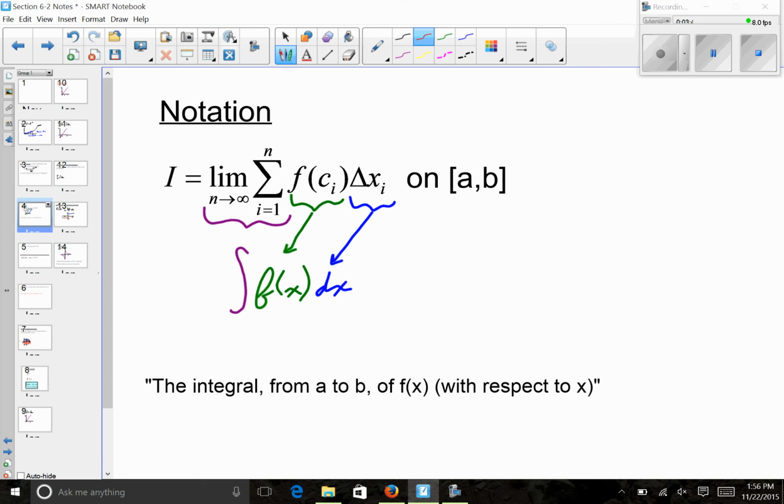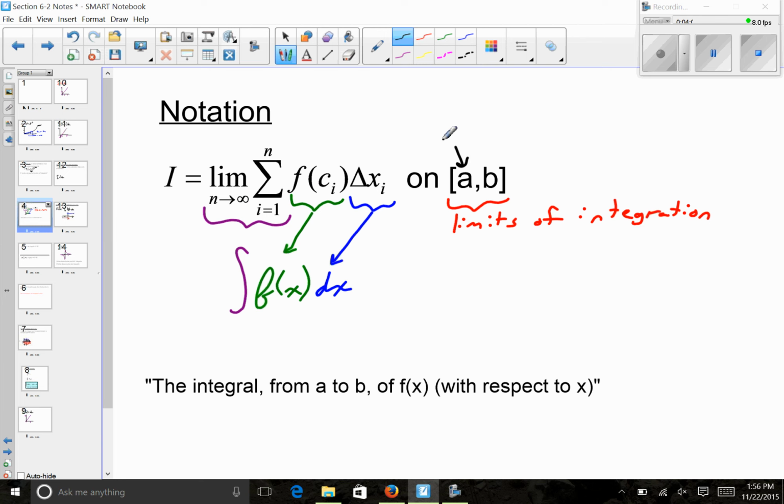So if I see a c, I just replace it with x, and my delta x just turns into the differential dx. But then what we have here is our domain, which is called the limits of integration. It's telling us what x values we're actually looking between.